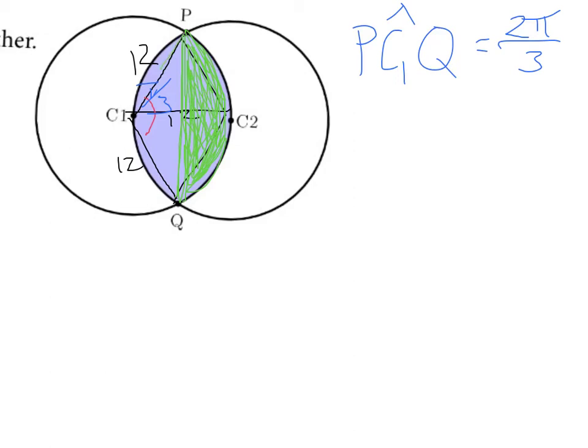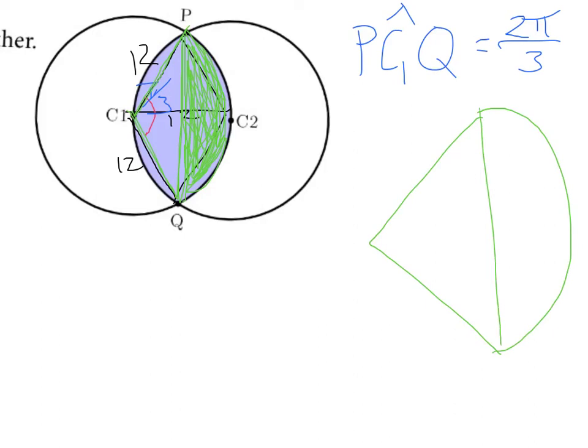So, look at what we have. Allow me to redraw this. Looks a lot like example number 1. So, how do we find this shaded region, this segment area?